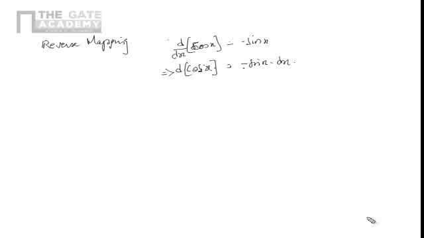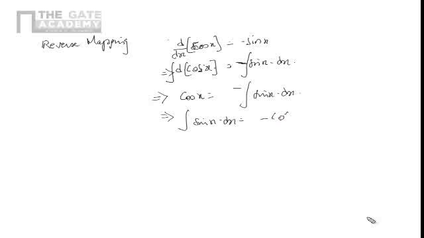So integration of minus sin x dx is cos x, which means cos x is equal to minus integral sin x dx, implies integral sin x dx is minus cos x. This is one important result.